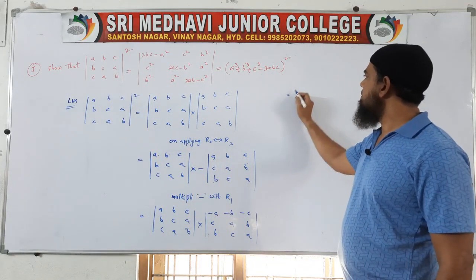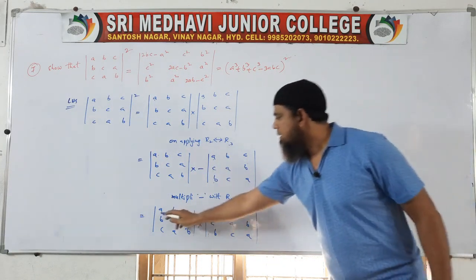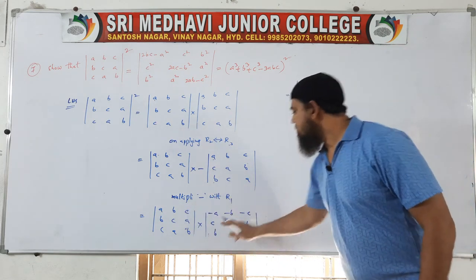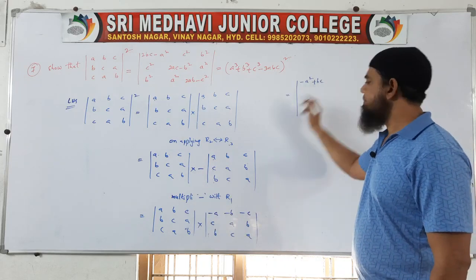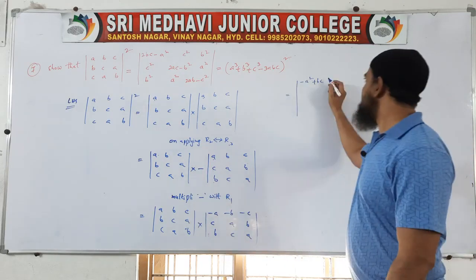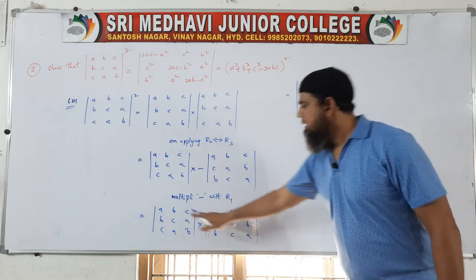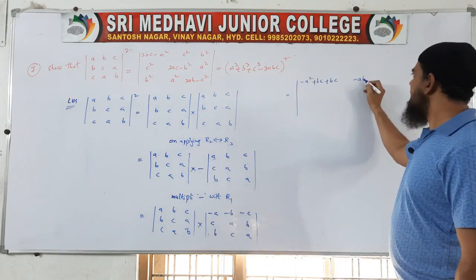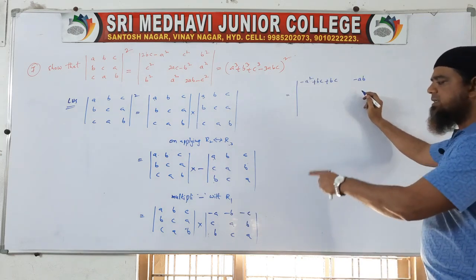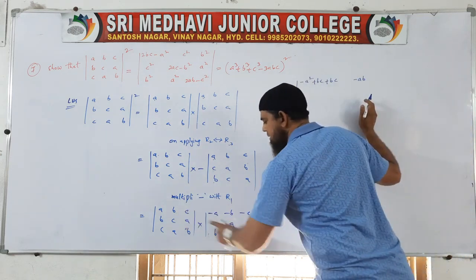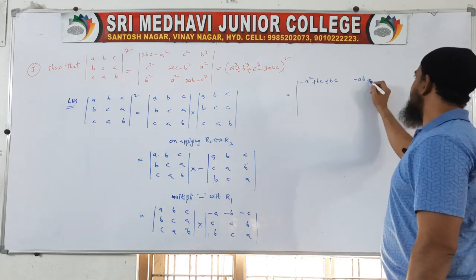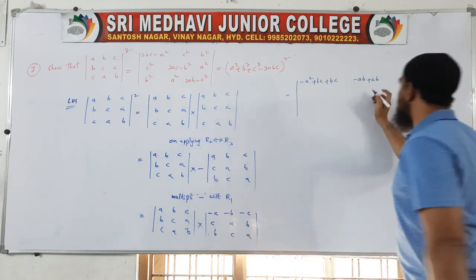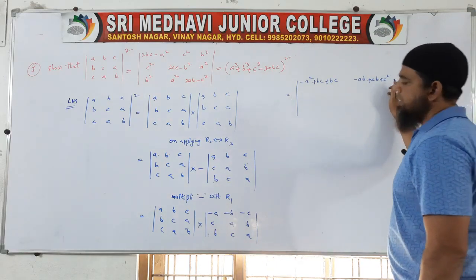Now see the multiplication. First row, first column: A into minus A, that is minus A square, B into C plus BC, C into B plus BC. Same row, second column: A into minus B, minus AB, B into A, that is AB, C into C, that is C square.